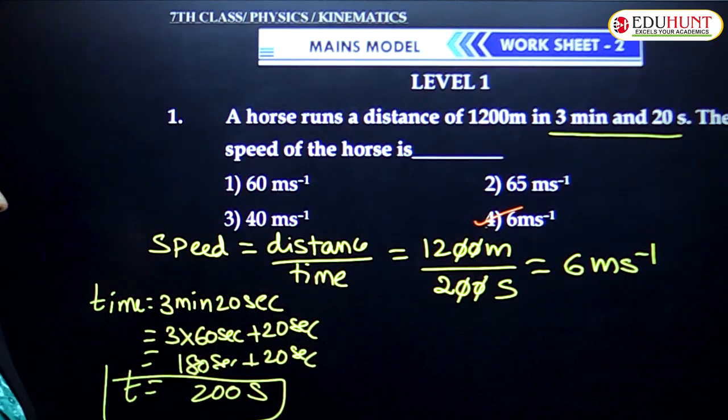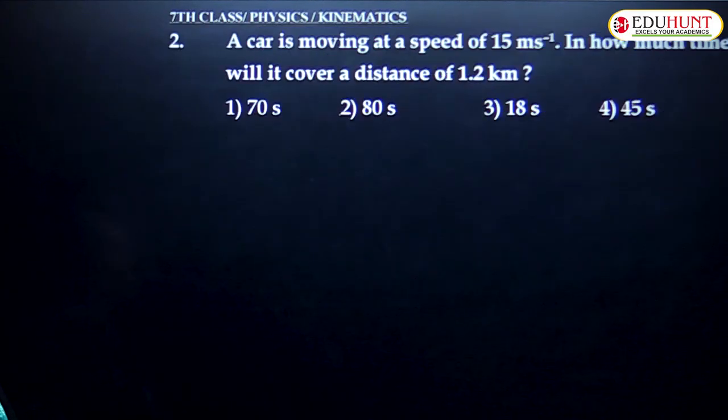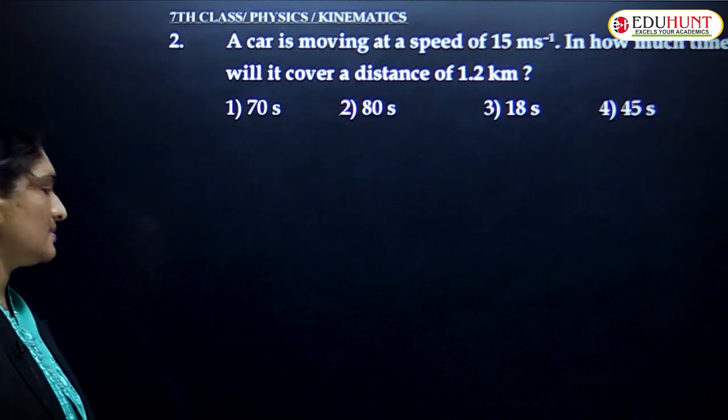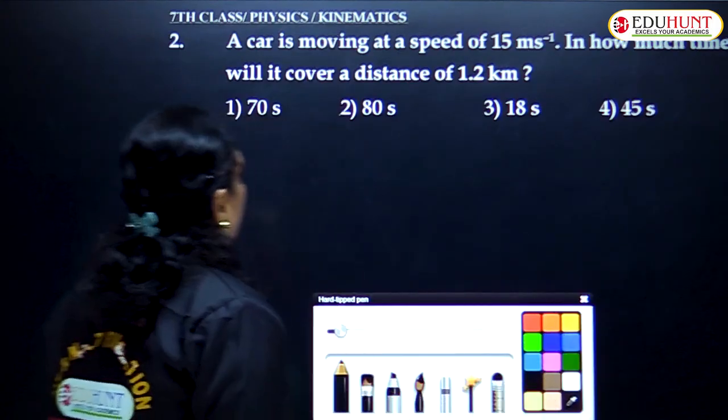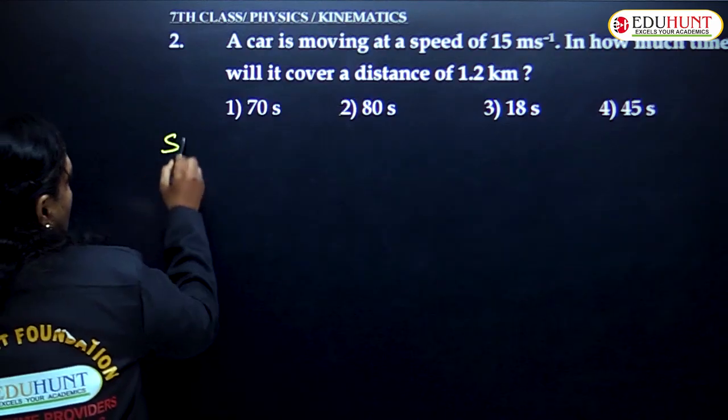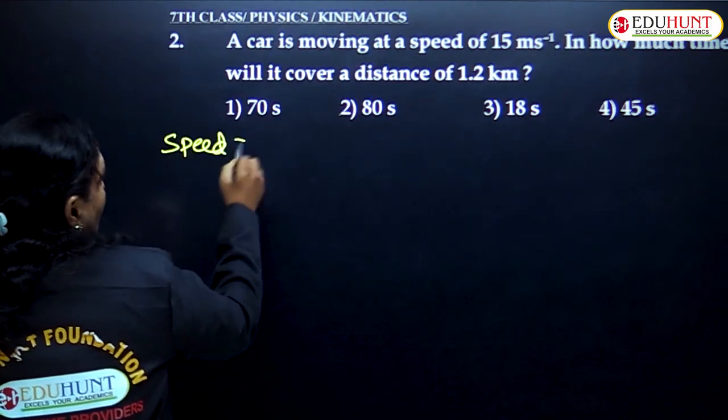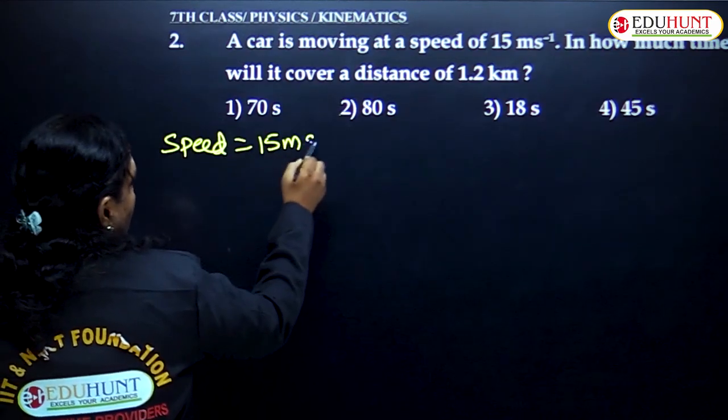Fourth option. Moving ahead. A car is moving at a speed of 15 meters per second. How much time will it take to cover a distance of 1.2 kilometers? So what is given, children? Speed is given to be 15 meter per second.